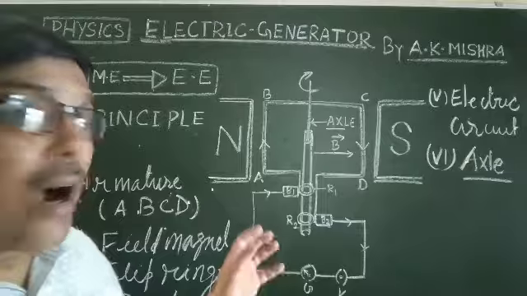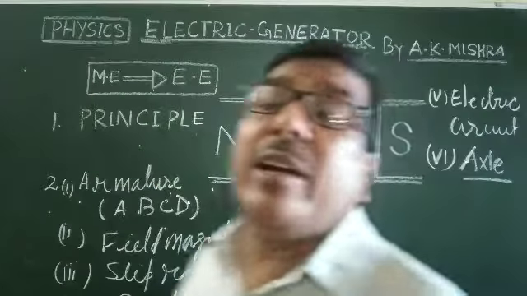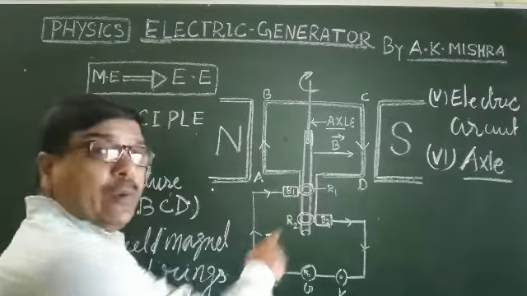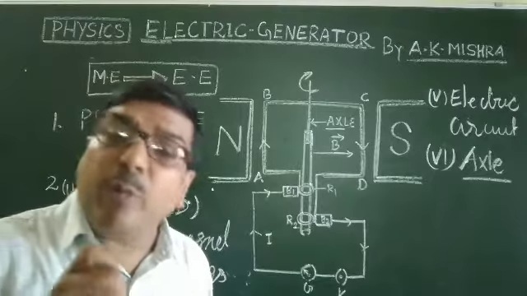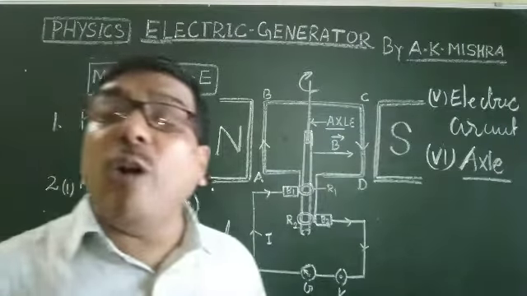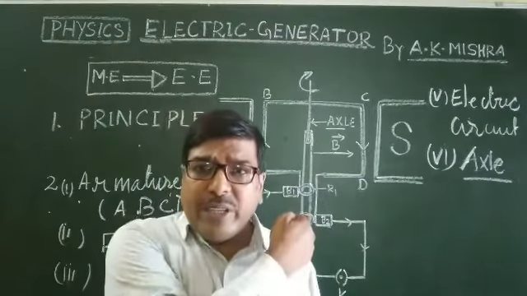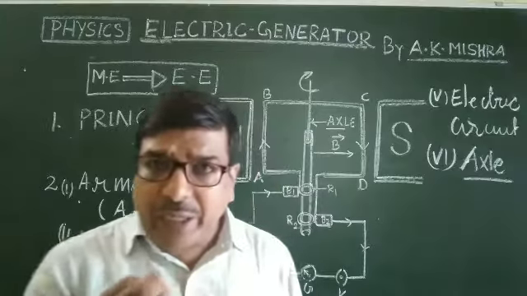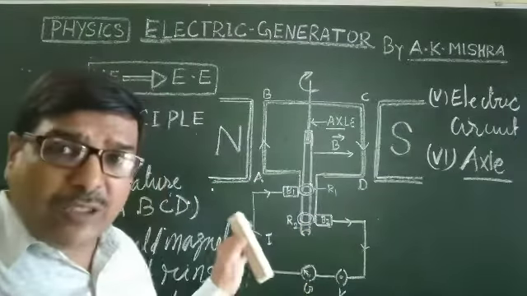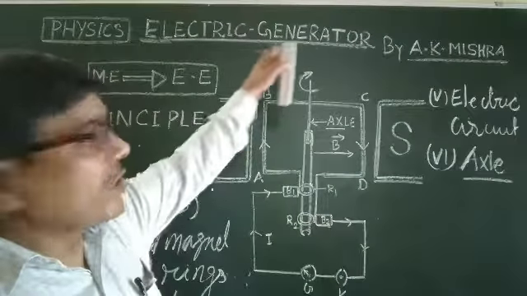Now, how can we convert this AC generator into DC? In place of slip rings, we use a split ring. It is also called a commutator in DC. A commutator is used in a DC motor, or similarly in a DC generator.